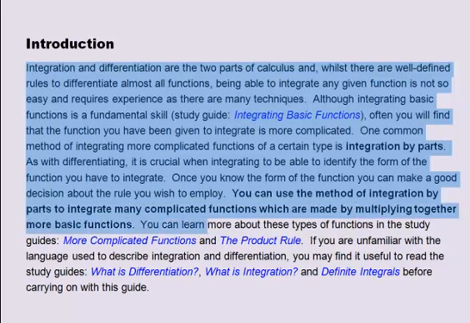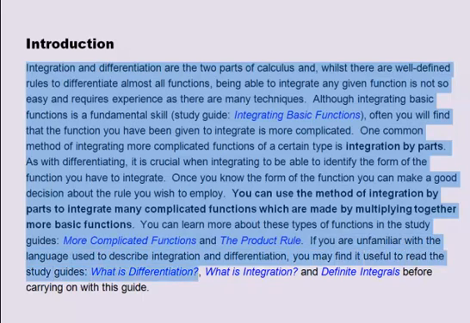You can learn more about these types of functions in the study guides, More Complicated Functions and the Product Rule. If you are unfamiliar with the language used to describe integration and differentiation, you may find it useful to read the study guides What is Differentiation, What is Integration, and Definite Integrals before carrying on with this guide.